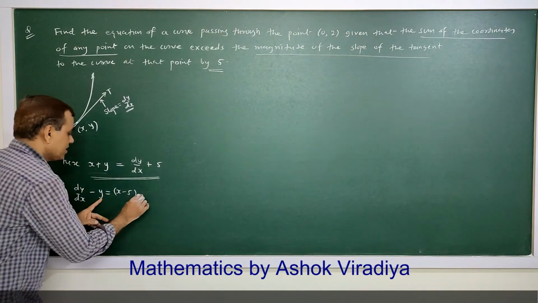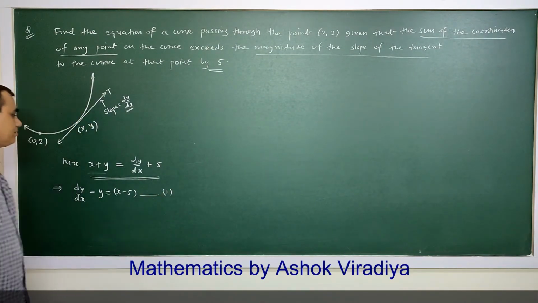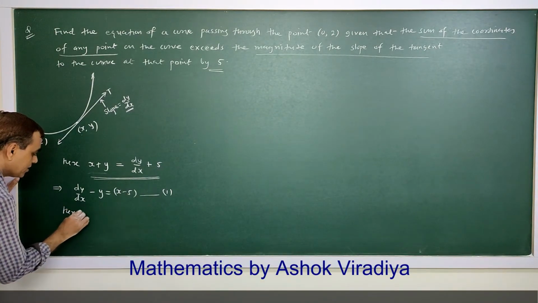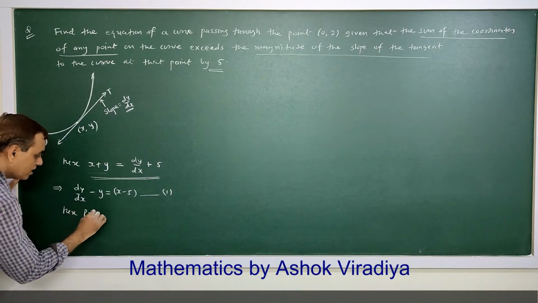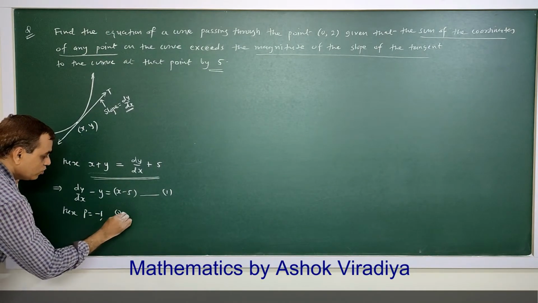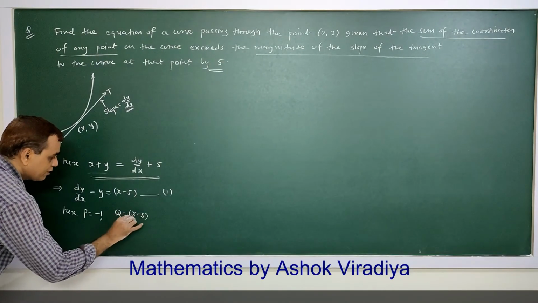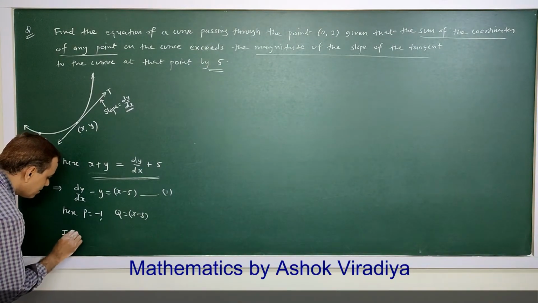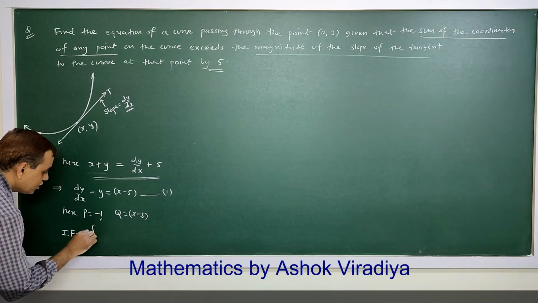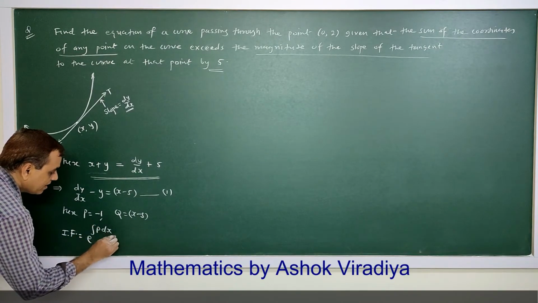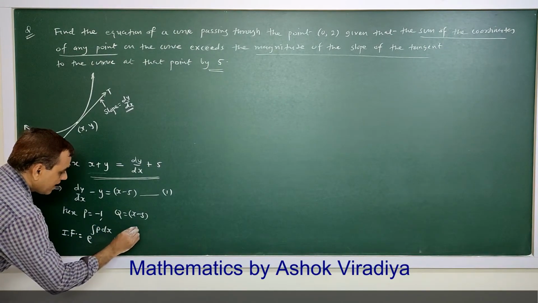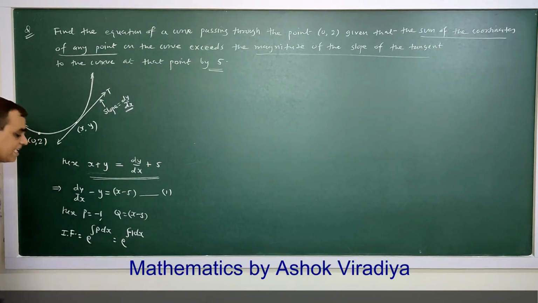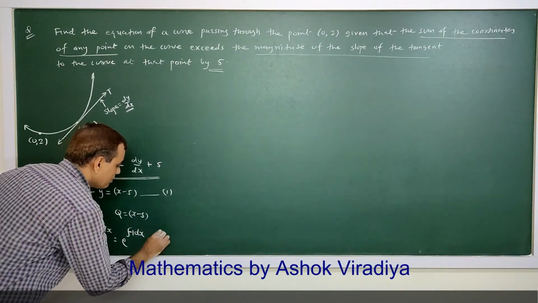Let me say this is equation 1. So here p is minus 1 and q is x minus 5. So integrating factor is e raised to integral of p, that is e raised to integral of minus 1 dx. So e raised to minus x.